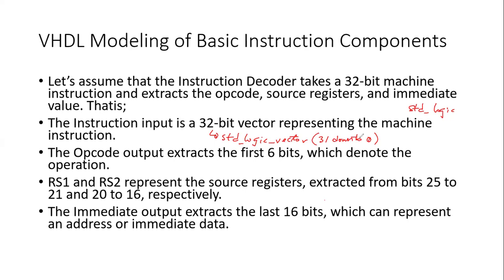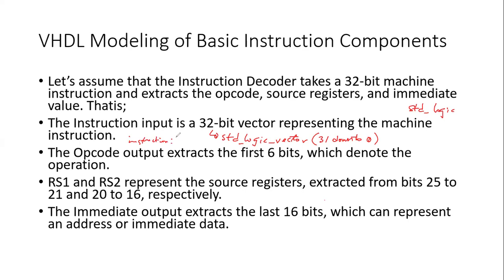By the time we come to the entity, we want to actually describe the instruction decoder, right? So the entity for the instruction decoder, then in the port declaration, the instruction, which is 32 bits, is going to be declared as the instruction input.